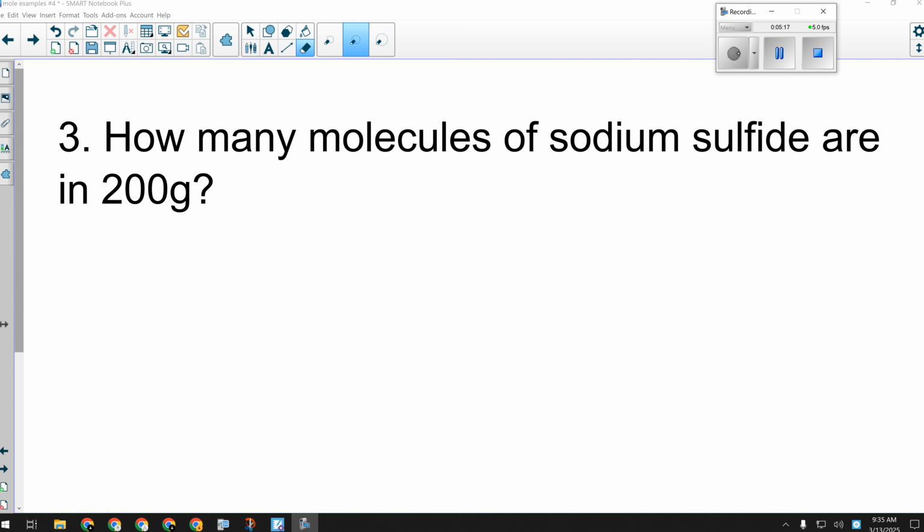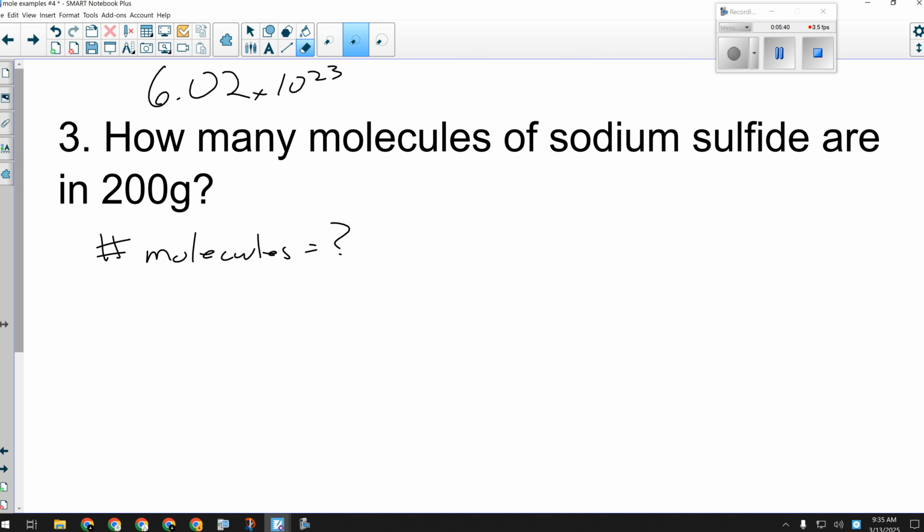So for number 3, how many molecules of sodium sulfide are in 200 grams? Type 3 question. They're asking for the number of molecules. Since molecules are mentioned, 6.02 times 10 to the 23 is going to come into play. We know it's sodium sulfide. So Na plus 1, sulfur minus 2, so Na2S.